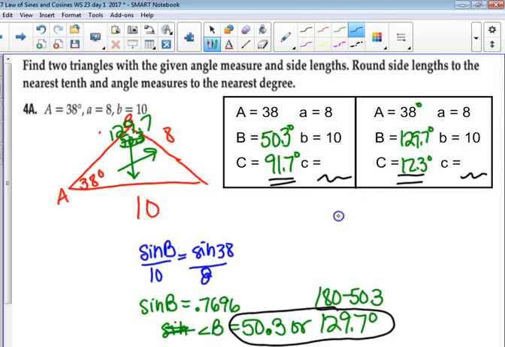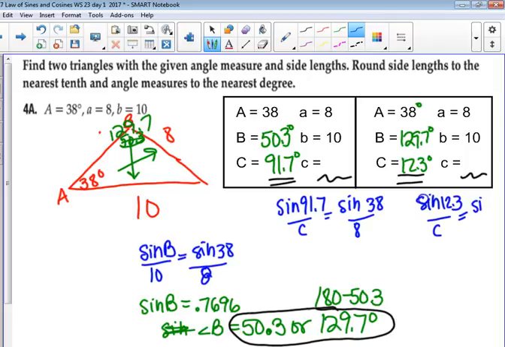All right, guys. We need to set up for C here, so we're going to have the sine of 91.7 is across from C, in the same way the sine of 38 is across from 8. Or the sine of 12.3 is across from C, in the same way the sine of 38 is across from 8.